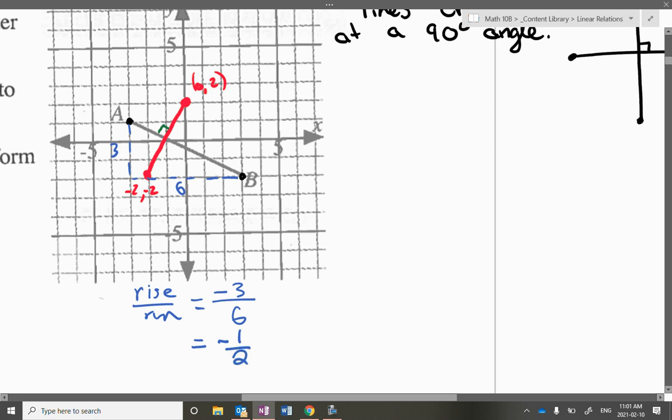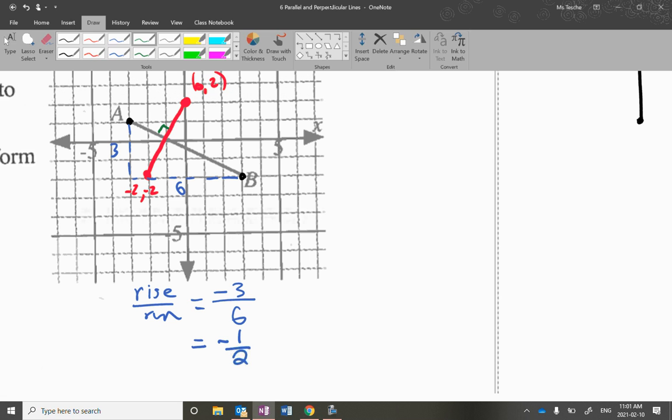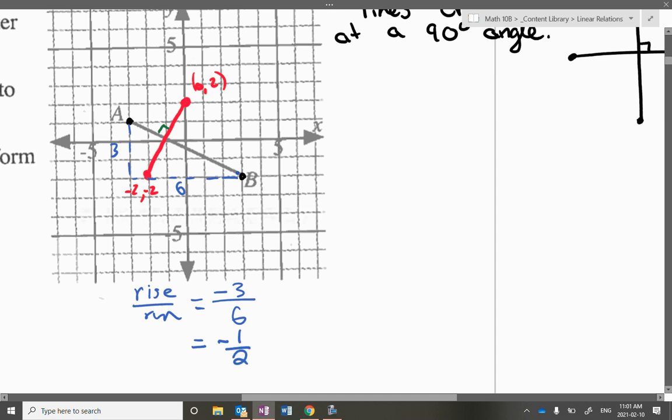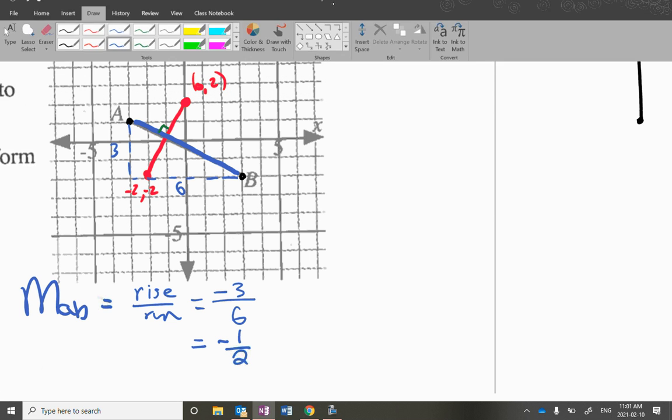Calculate the slope of my red line. It is not the same. If it was the same, they would be parallel. Calculate the slope.